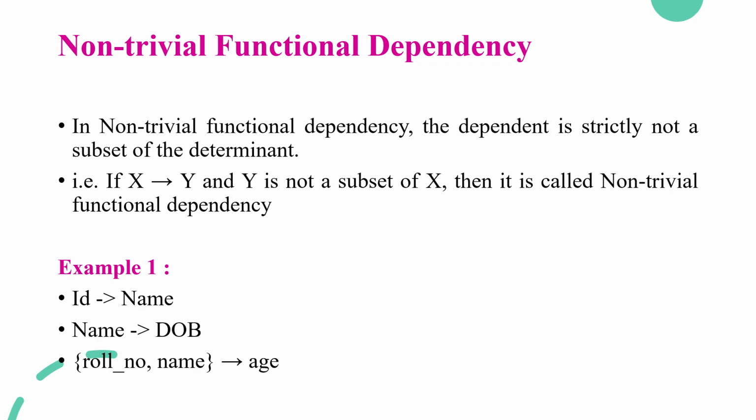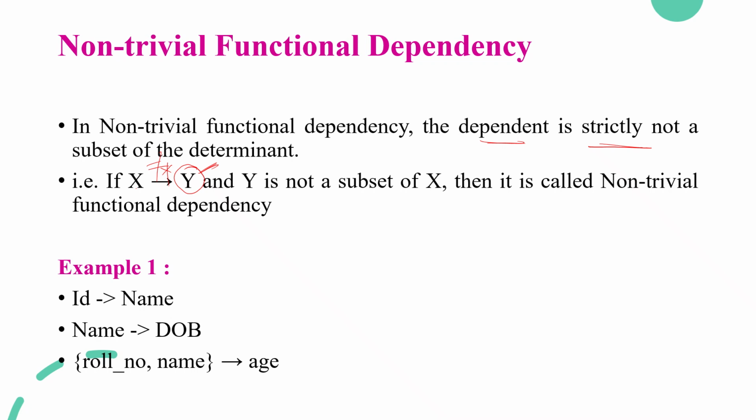If X determines Y, Y should not be a subset of X, then it is called a non-trivial dependency. That is, the right hand side is not a subset of the left hand side.